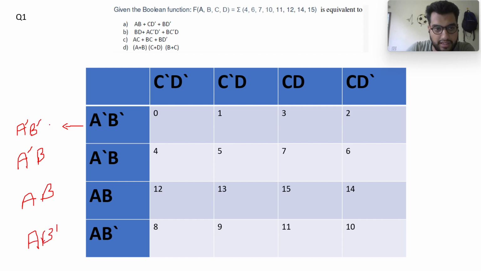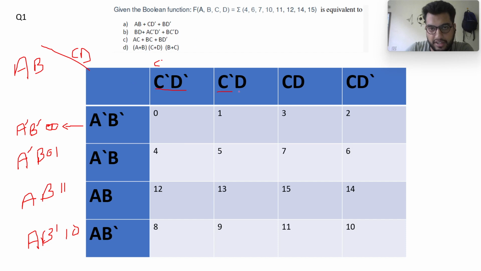You can also write it as 0 0, 0 1, 1 1, and 1 0. Then the columns are CD: C dash D dash, C dash D, CD, and CD dash. So it is 0 0, 0 1, 1 1, 1 0, right?